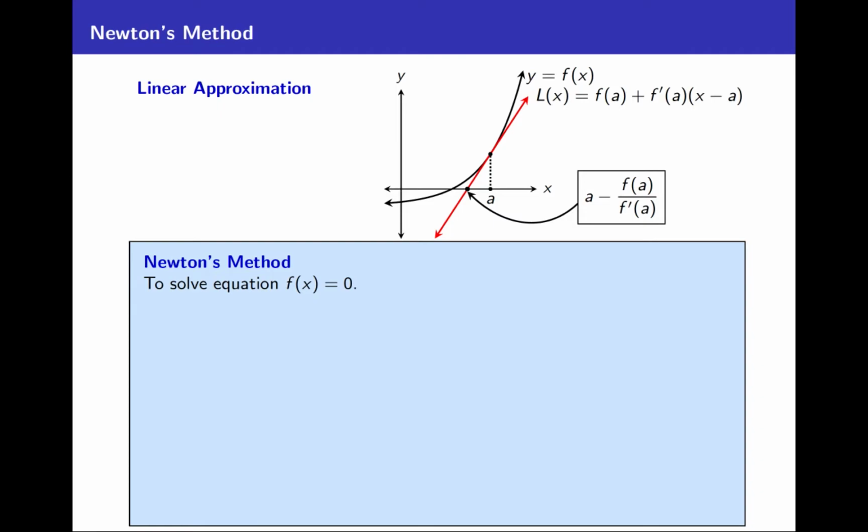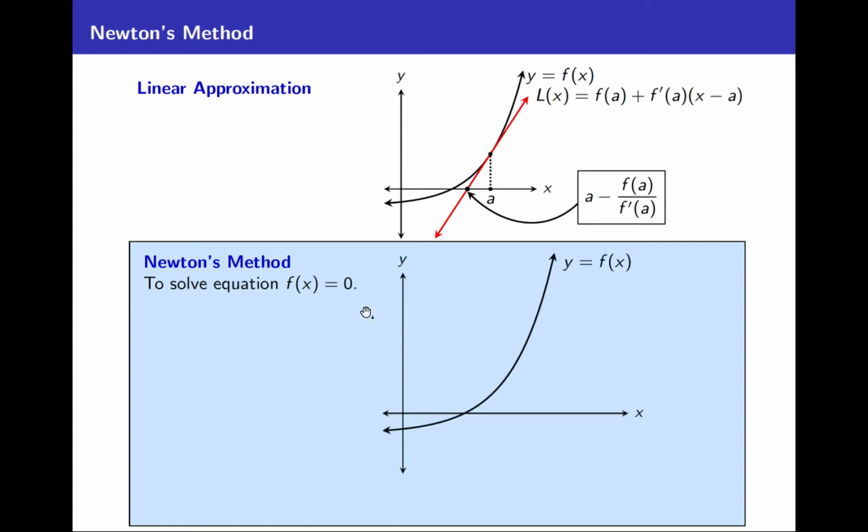And here's how it works. Newton's method is designed to solve an equation that has the form f of x equals 0, some expression involving x set equal to 0. Newton's method will find the solutions x that make f of x equal to 0.